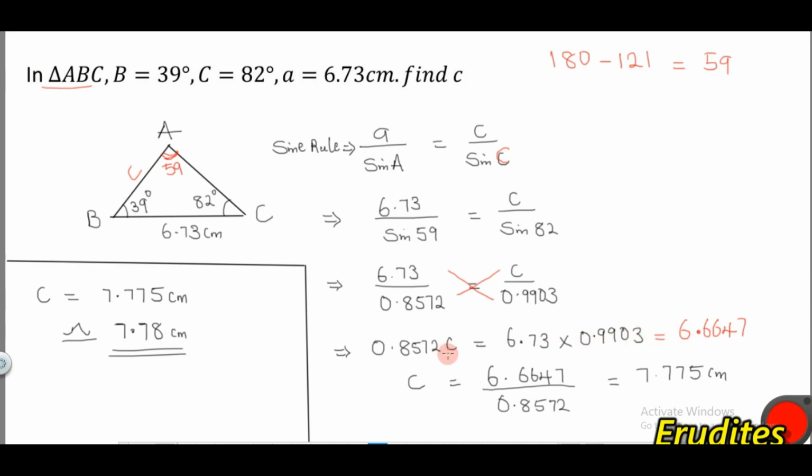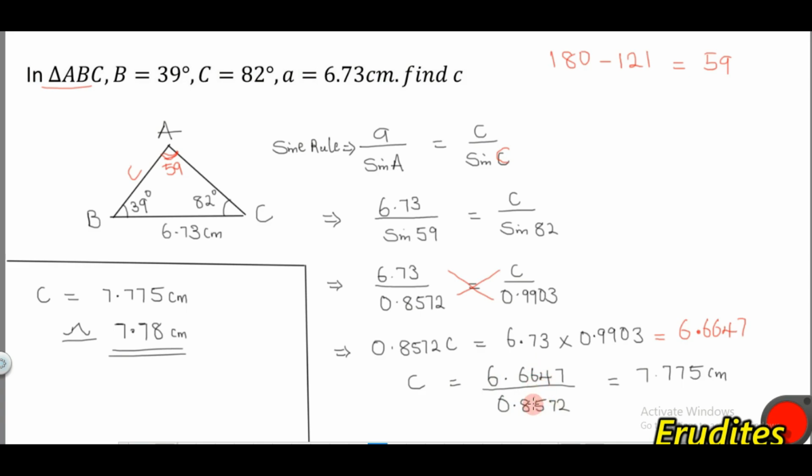So it's like now that 0.572c is equal to 6.6647. So what I would do is to divide both sides by the coefficient of the c. Divide this number by the coefficient of this c, which is 0.572. So my c will be equal to 6.6647 divided by 0.572.